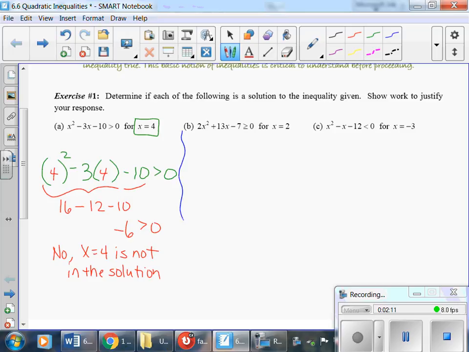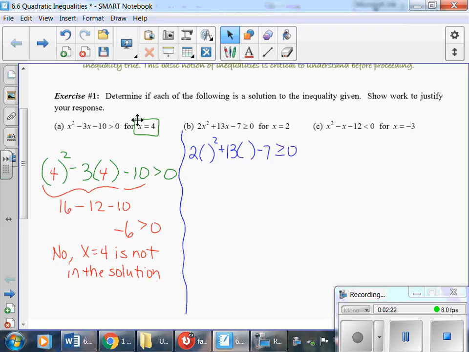So how about for B? Again, we're going to test it. 2x squared plus 13x minus 7. And we're going to test whether or not that is greater than or equal to 0. So we're going to put our 2 in here. And once again, we can put this whole thing into a calculator and come up with 27.